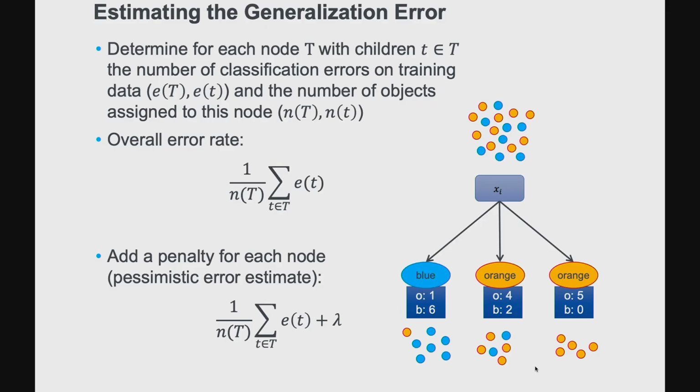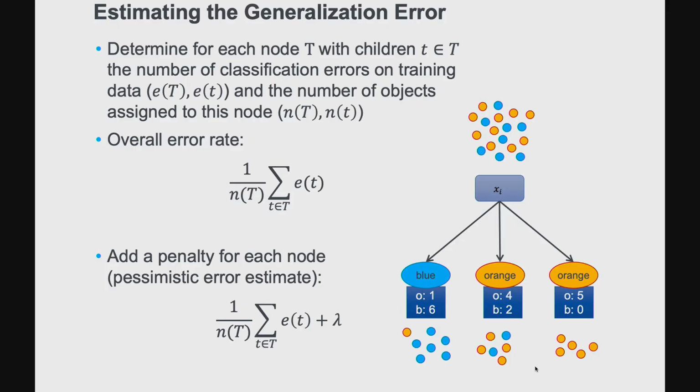So here is 1 error away from the majority class. Here we have 2 errors away from the majority class. So we count 1 plus 2 plus 0. These are the 3 errors that we make here. And we divide by the number of training instances. These are 18, so 3 divided by 18, that's 1/6, our error rate.